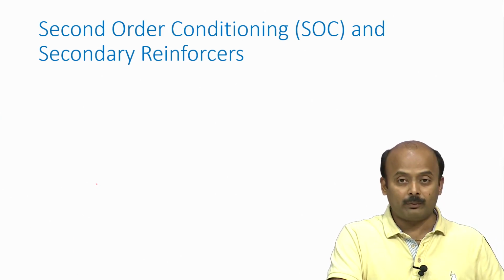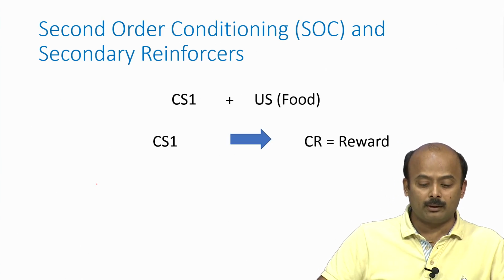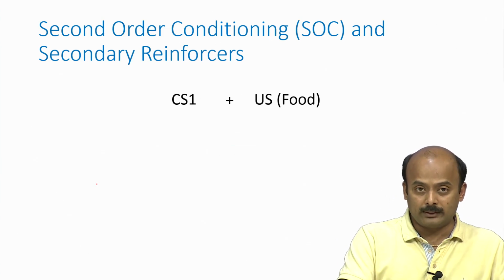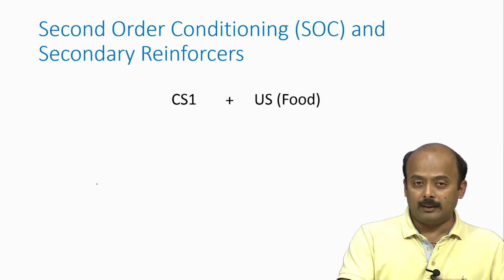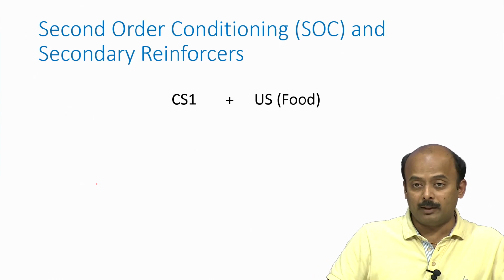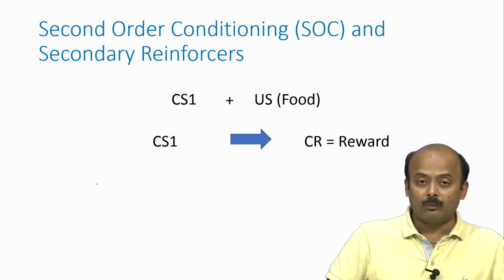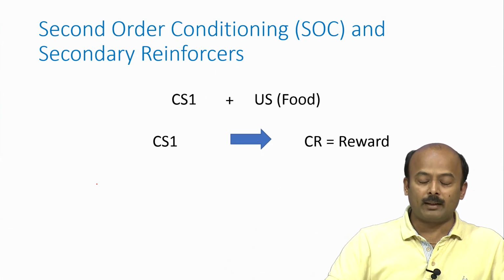So far, whatever we have seen has to do with first order conditioning, where you take a stimulus, let us say CS1, and pair it with a US, for example food. The animal develops an association and thereby develops a response. Later on, if you just present the CS1, you are able to elicit a response, a CR.